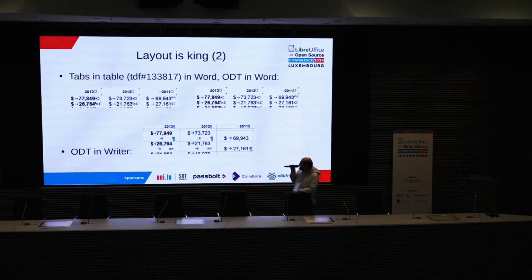But if we open the ODT in Writer, we see that the tabs are actually quite large and cannot be compressed like in Word. So even if we open the ODT in Writer, the table will have double height cells, and the whole document will fall apart because the tables are now much higher.